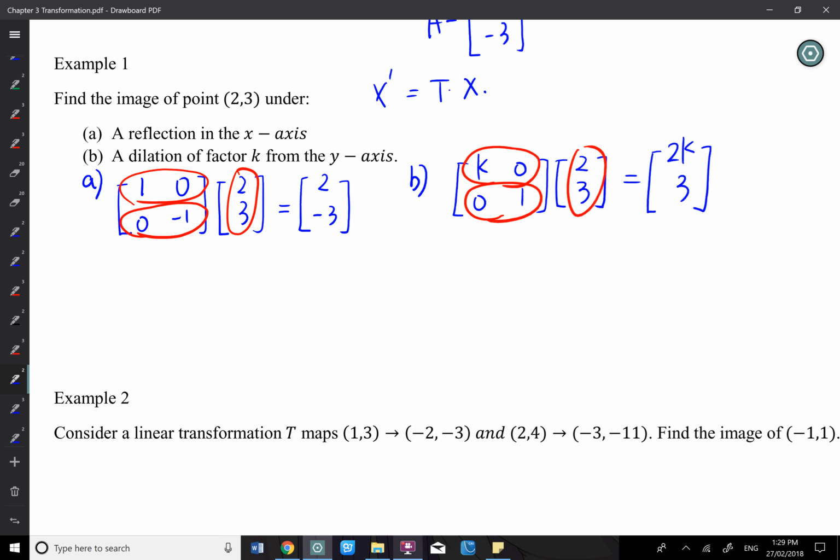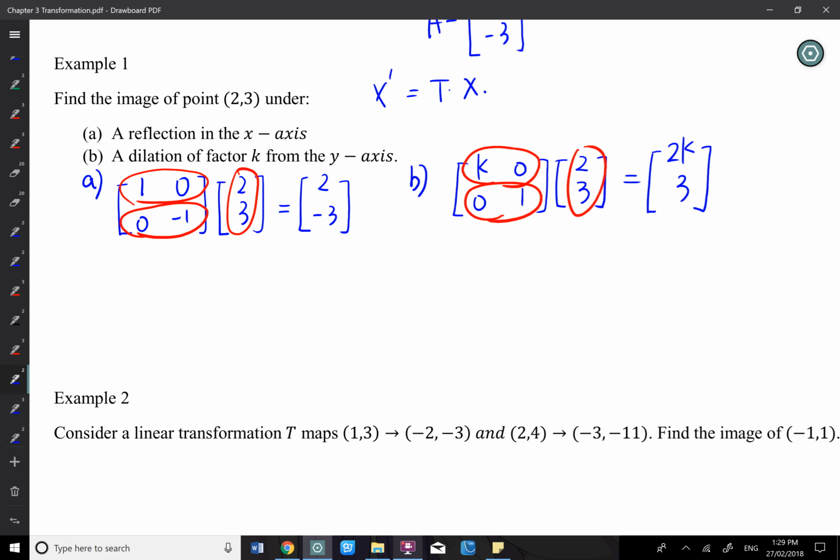If you know how to calculate with matrices, that would be really straightforward. The old point times the transformation matrix, and you can see what the new point is.